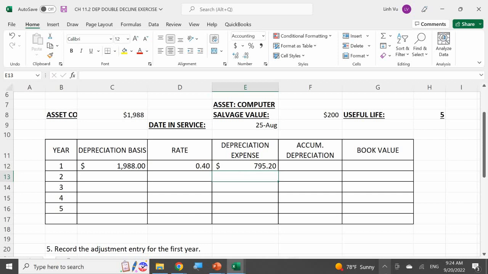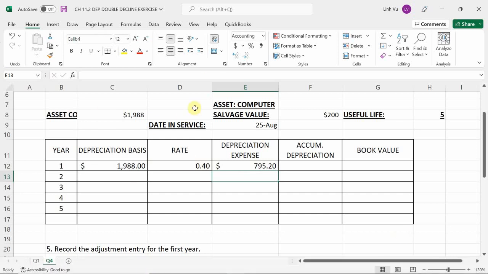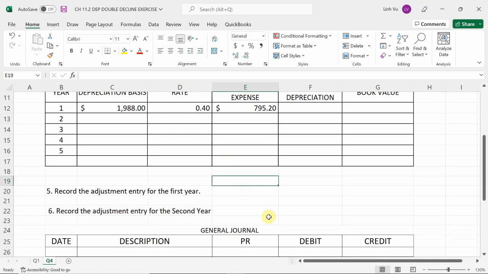Yeah, I got 262. Okay, so in this case, we have $795.20. Now, if I were to divide this into months, how much is it going to cost me per month?